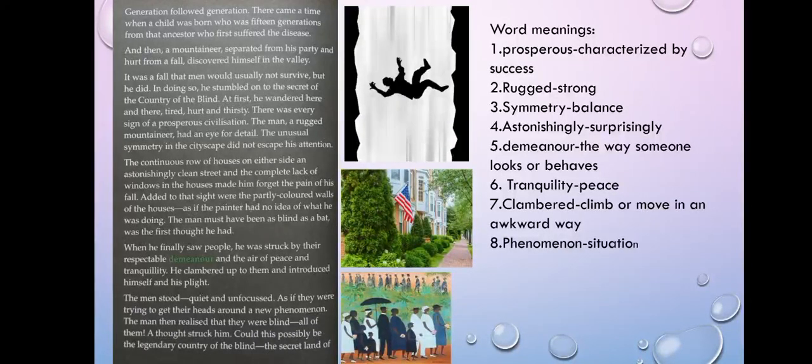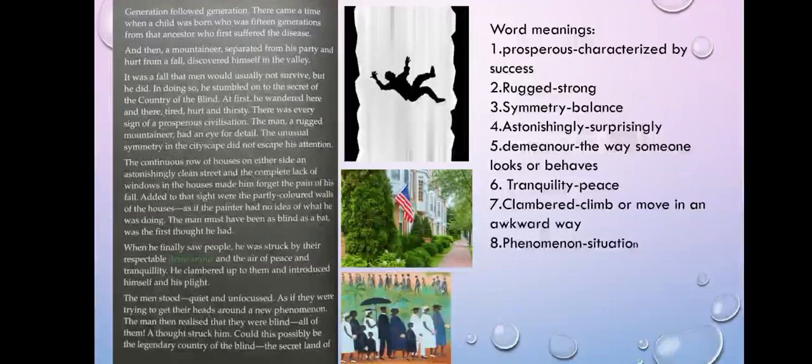So the strong mountaineer had an eye for every detail, and he noticed the unusual symmetry and balance in that country. He observed it and understood the valley was very prosperous.